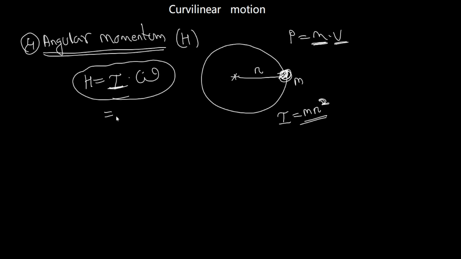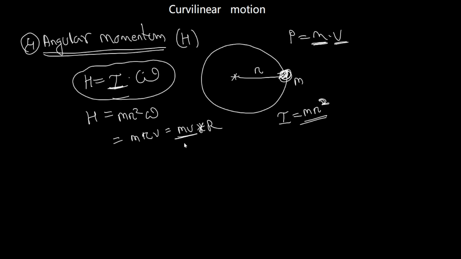So I can write m r square omega is the angular momentum. Or if you replace like this, you can write m r v, because v is equal to r omega. Or you can write m v into r.